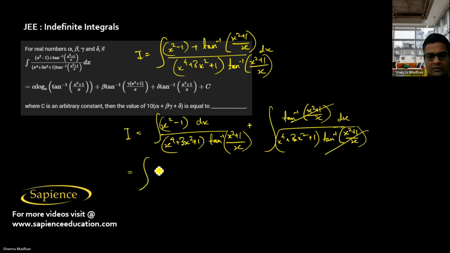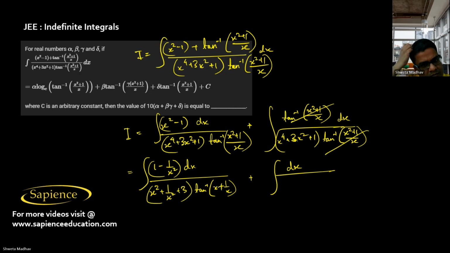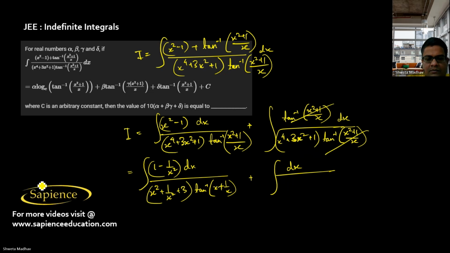So this will be the integral of 1 minus 1 by x square dx divided by (x square plus 1 by x square plus 3) into tan inverse of x plus 1 by x, plus the integral of dx by (x power 4 plus 3x square plus 1) into tan inverse of (x square plus 1) by x.